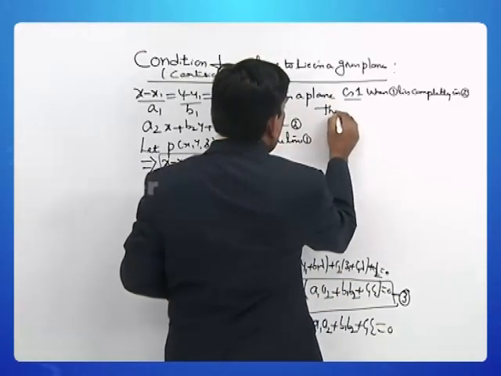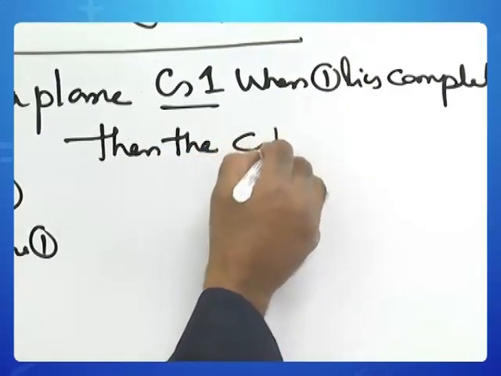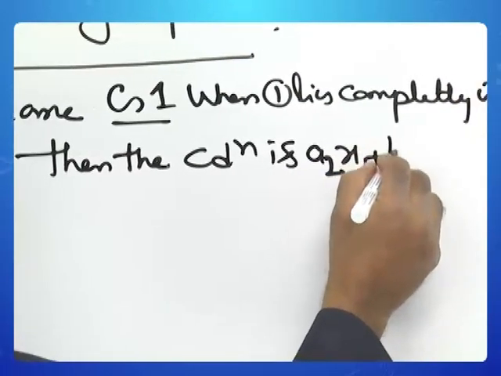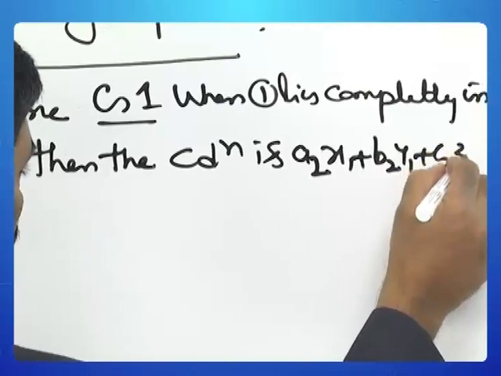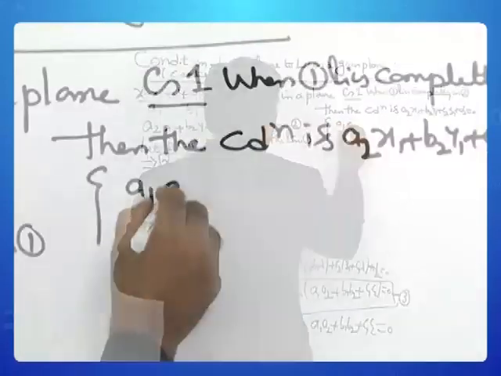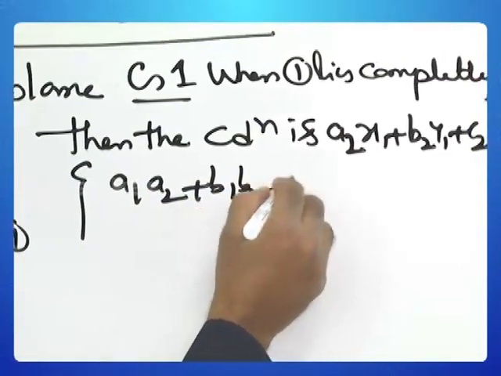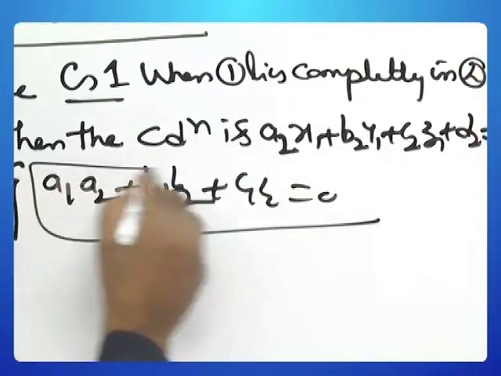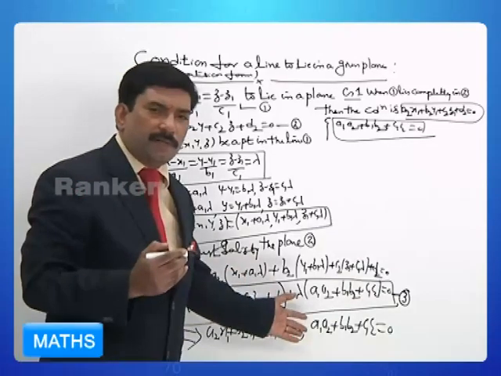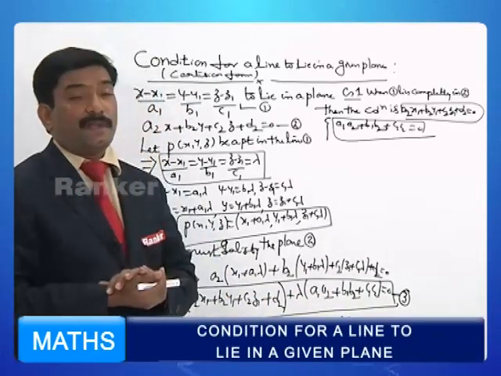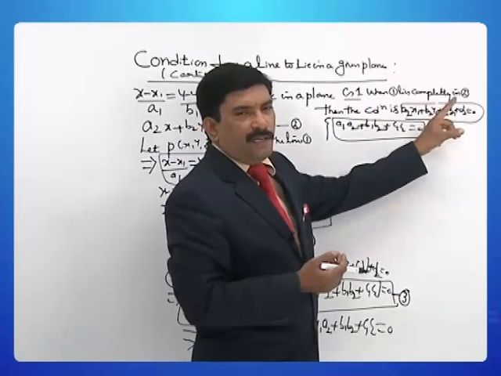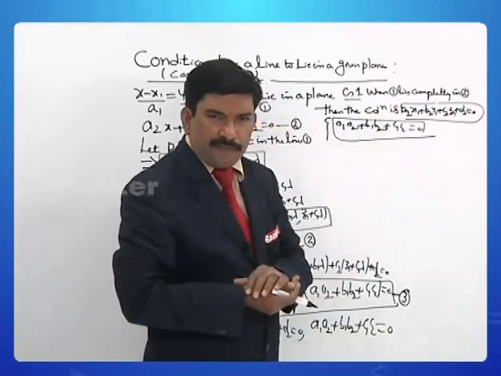Then the condition is a2x1 plus b2y1 plus c2z1 plus d2 is equal to 0, and a1a2 plus b1b2 plus c1c2 is equal to 0. These are the conditions, as we have argued, for the identity to hold for different values of lambda. So when line 1 lies completely in plane 2, these are the conditions.